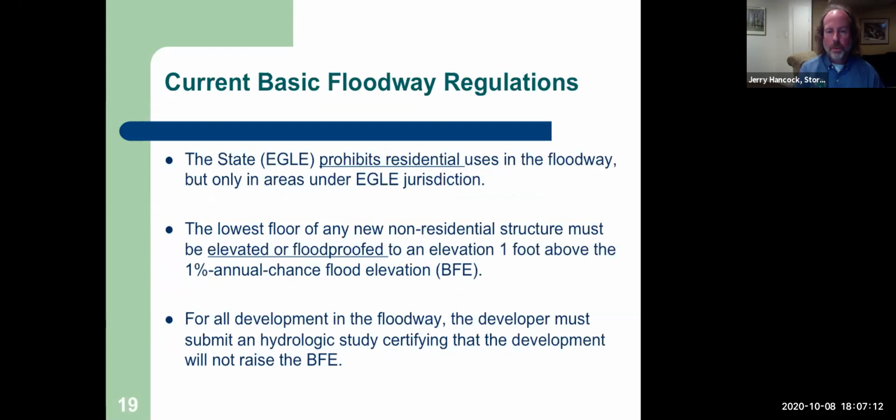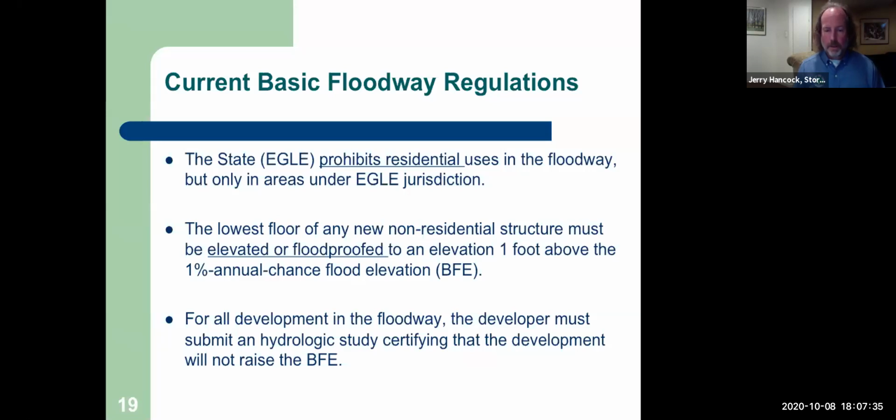Okay, let's go through what the current requirements in the floodway are. In the floodway where the state has jurisdiction, the map that I showed, the areas that were not circled in red, the state prohibits residential construction in the floodway.